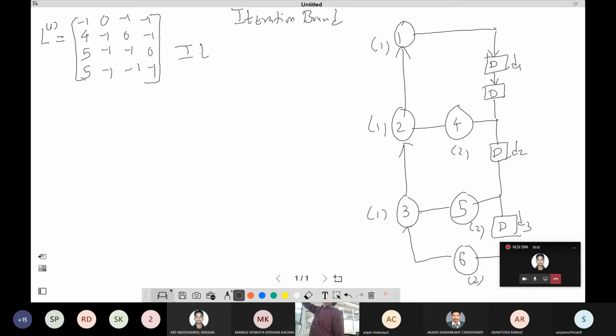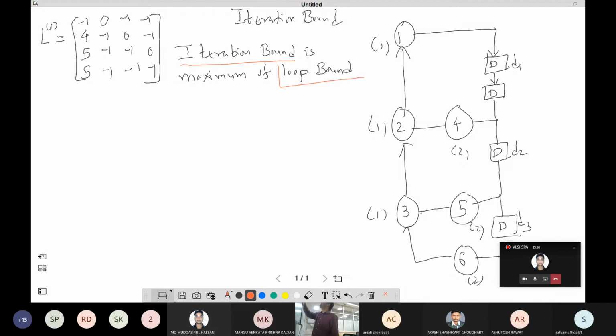So iteration bound is the maximum of loop bound. That means if I want to find out the iteration bound, then I need to first find out the loop bound, and from the loop bounds, the maximum value I can assign to the iteration bound.